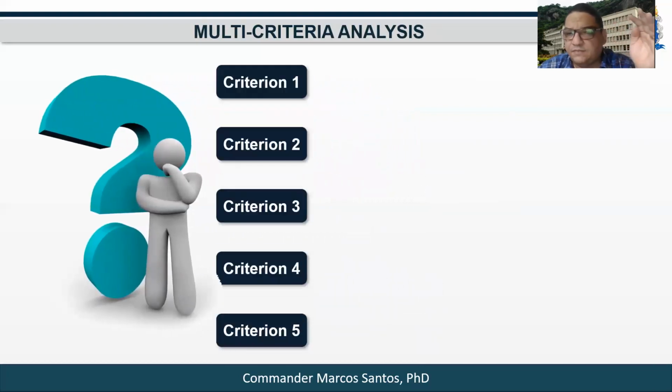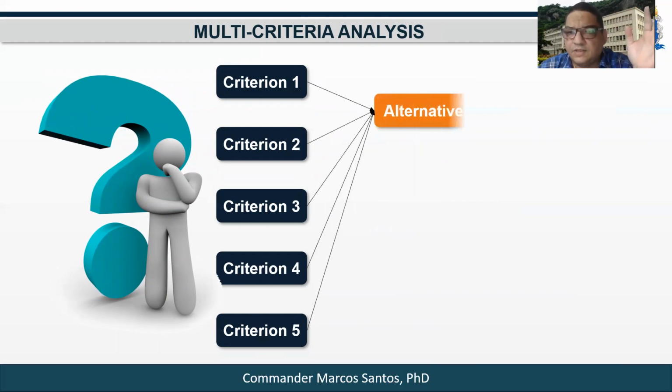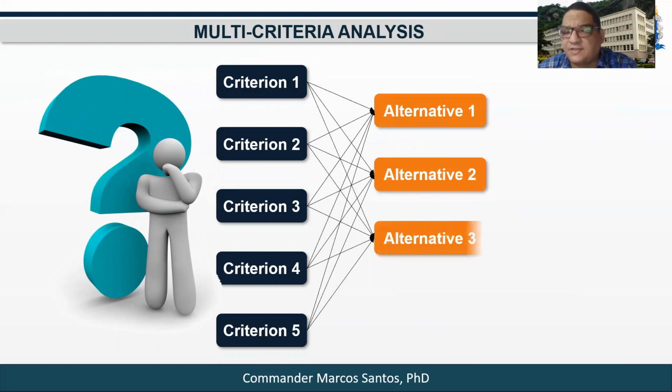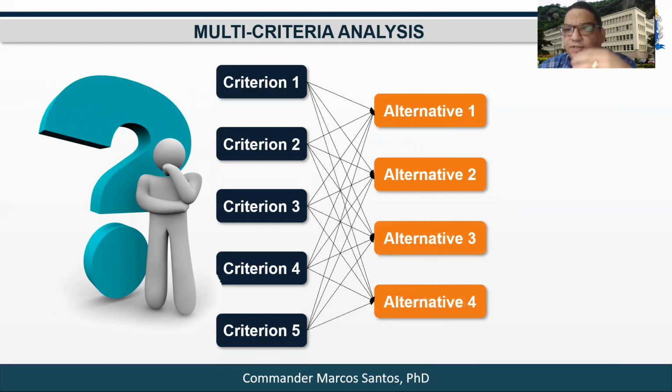We have a number of criteria: 1, 2, 3, 4, 5, 6, 7, and whatever you want. And we have a set of alternatives: alternative 1, alternative 2, 3, 4, 5, 6, whatever you want.